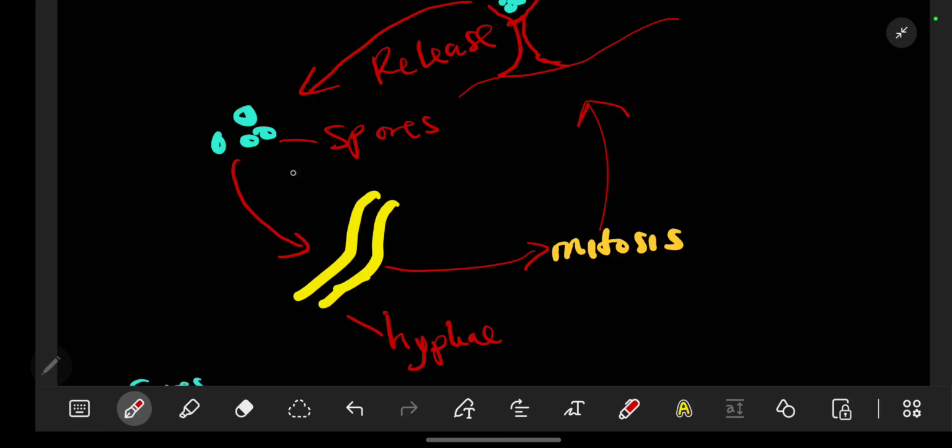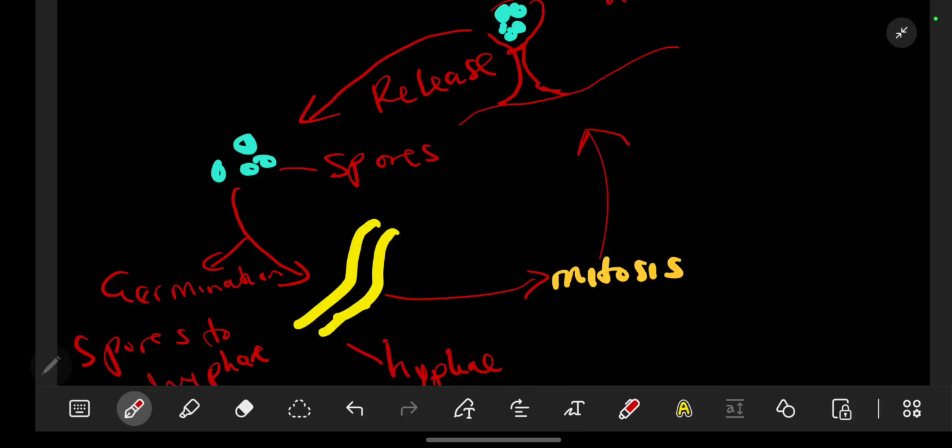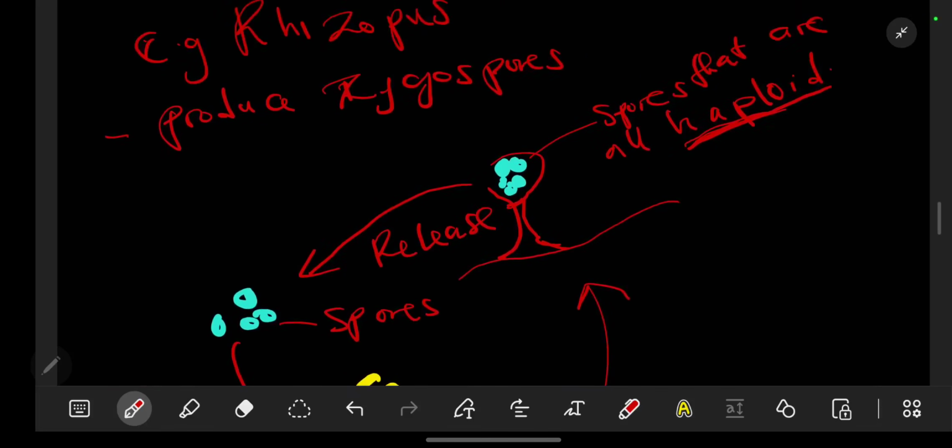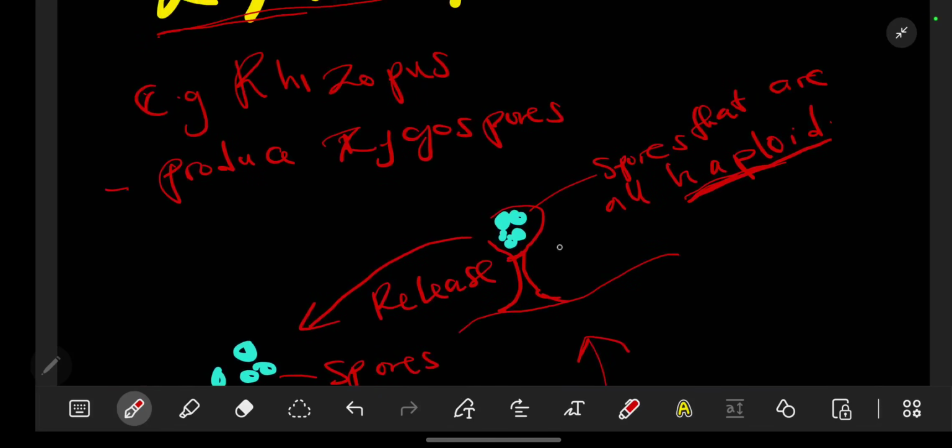The spores germinate, or rather the process is called germination: spores becoming hyphae. When that happens, through the process of mitosis, there is the formation of sporangia, or rather sporangium.